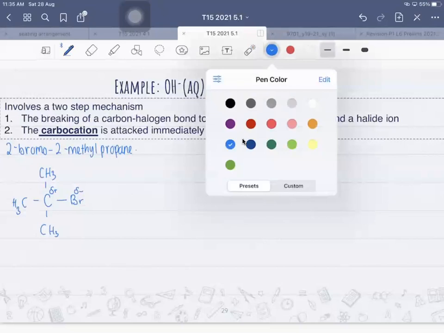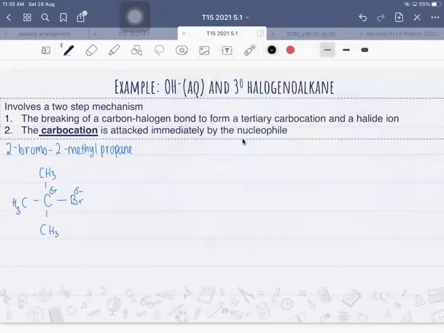Okay, right. So what happens is that it's a little bit different from SN2. SN1 contains 2 steps. The first step is the breaking of the carbon-halogen bond. So the C-Br bond will break. And of course, the electrons will always go to the more electronegative atom.